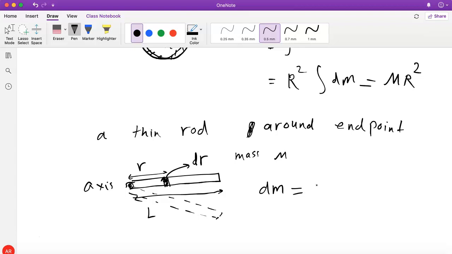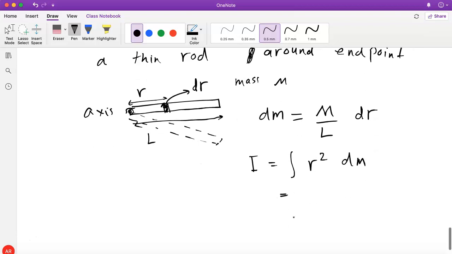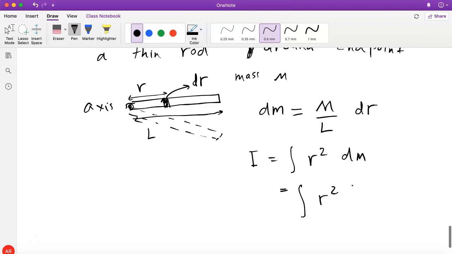It has uniform density, so the linear density, mass per length, is m over L, and then we multiply that by the length of that small piece, so we get m over L times dr. And let's now write I is equal to the integral of r squared dm, which is the integral of r squared m over L dr. And these pieces are part of the rod.